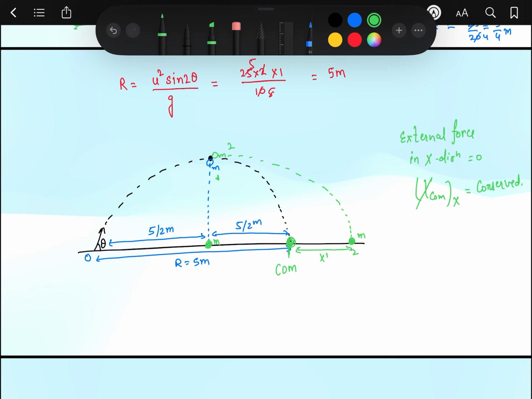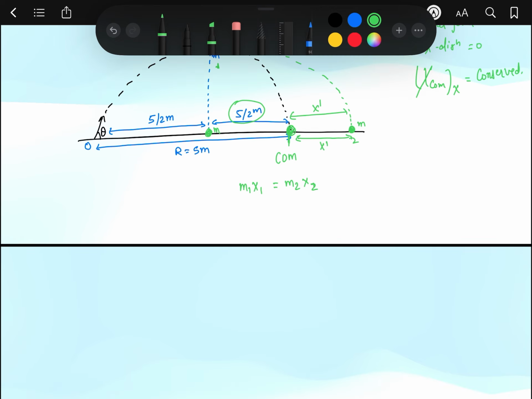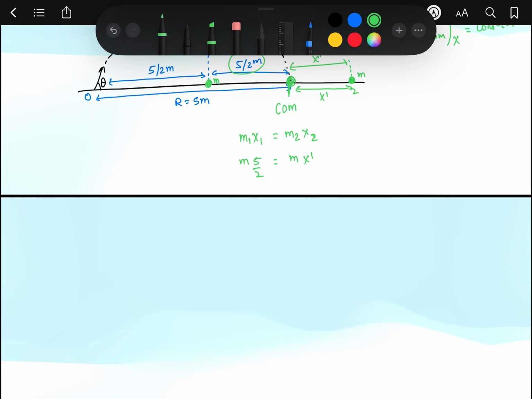If this distance is 5 by 2 meter and this distance is x dash meter, then we can directly write the relation m1 x1 is equal to m2 x2. So this is our particle of mass m, and this is the distance 5 by 2 meter, that is equal to m2, which is also m, and this x2 is x dash. So here our x dash is equal to 5 by 2 meter, that is equal to 2.5 meter.